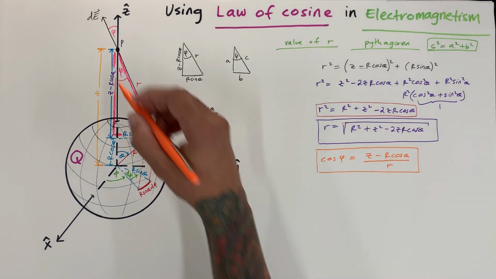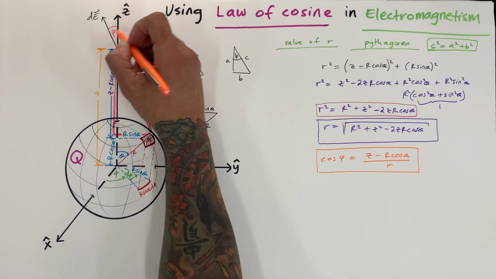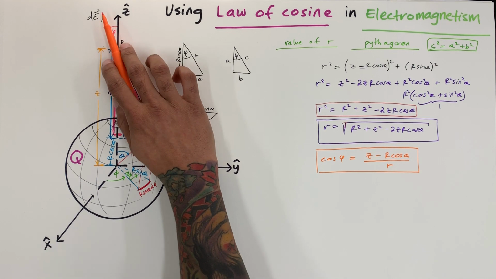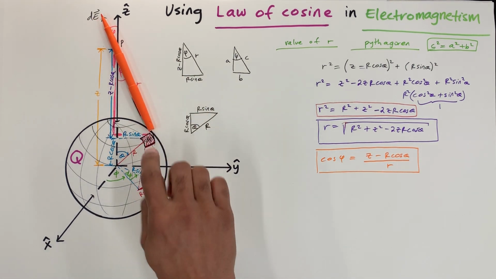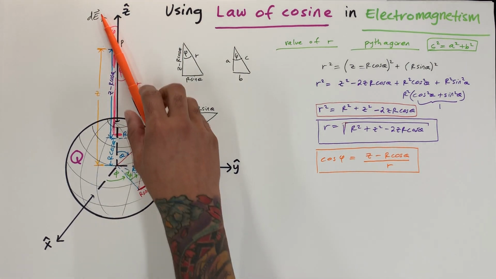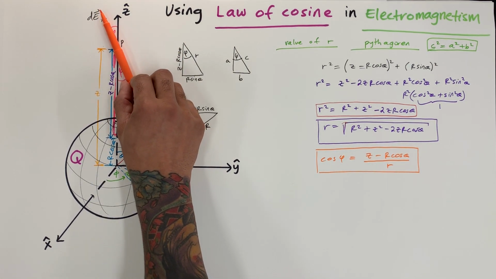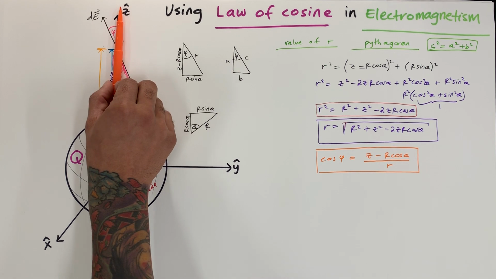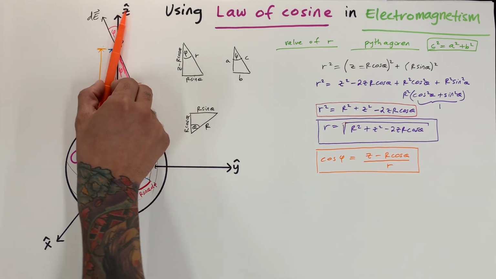So the reason you're going to need that is because up here, when you have your electric field pointing from the surface of the sphere to that point of interest, you want to calculate this vector and this vector and all the other ones.